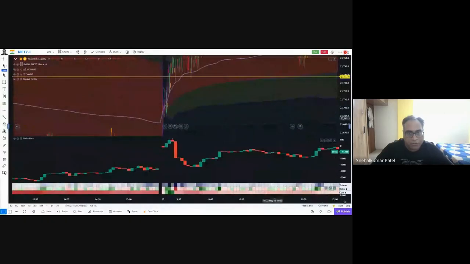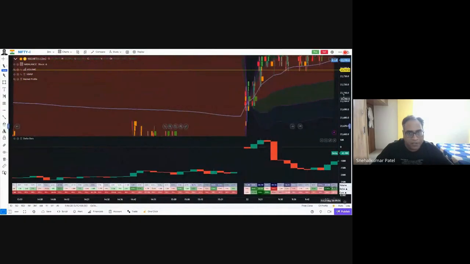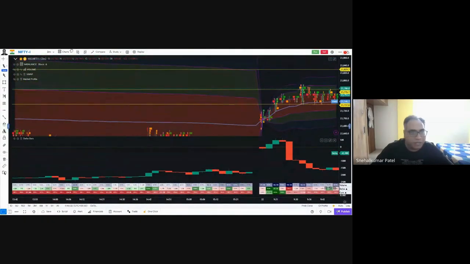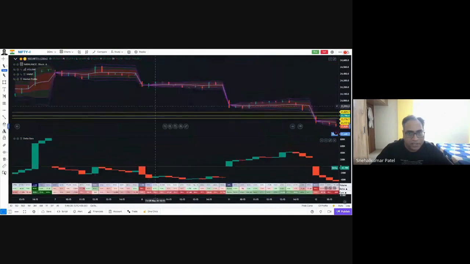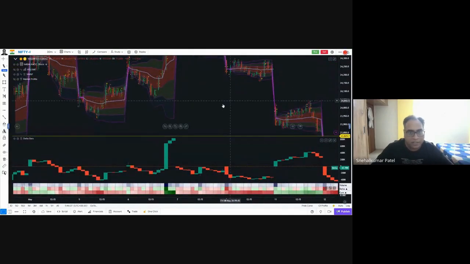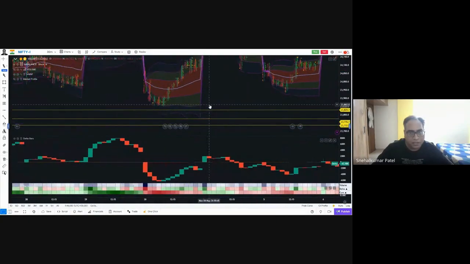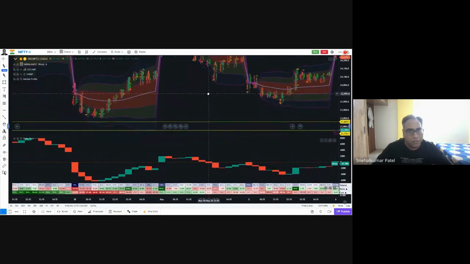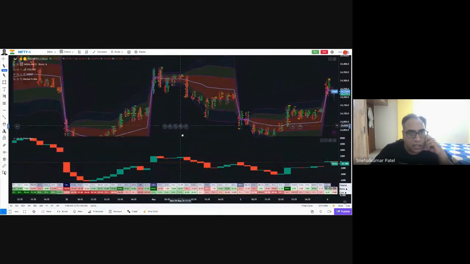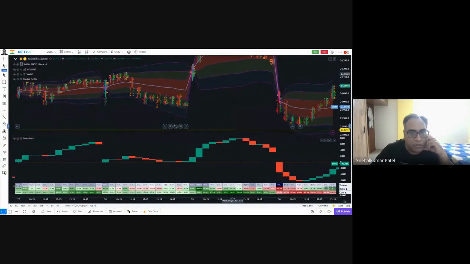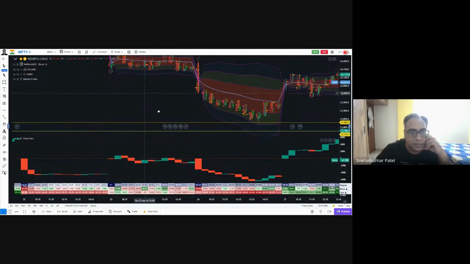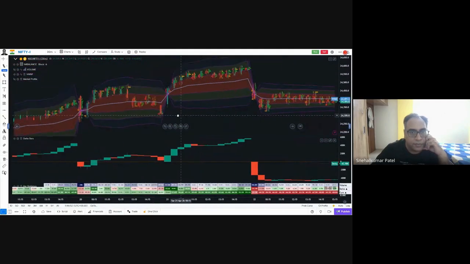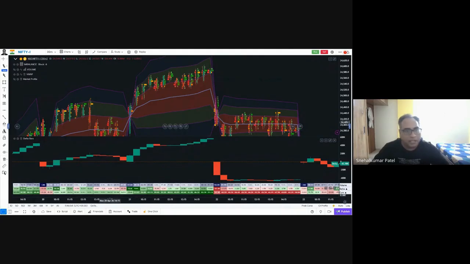So we will try to find where the breakout happened. I will move to the higher time frame so we can see it clearly. Okay, one second, I'm just trying to find an example. Right, I think we have one here, which is the 21st of April.